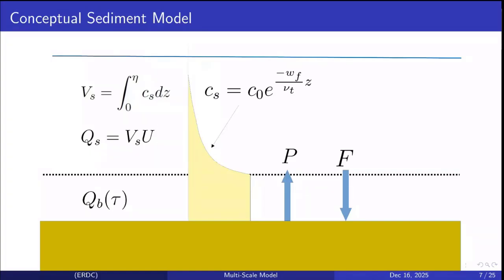We assume that we've got a vertical profile, and that vertical profile is given by an exponential function, which is equivalent to saying that at any given time, the fallout of the sand is in balance with the amount of upward diffusive sediment transport that's going on because of the concentration profile.